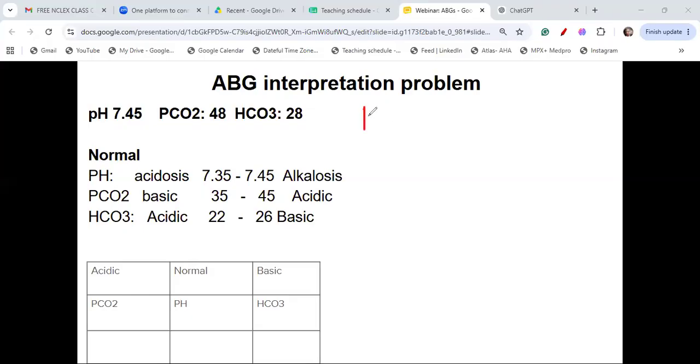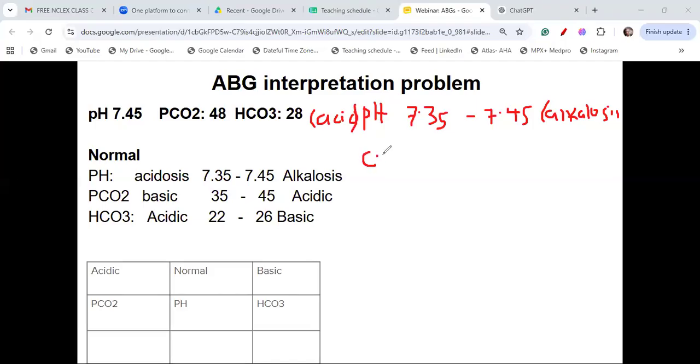So again, I'll just do the stepwise as always. The normal pH is 7.35 to 7.45. On this side is alkalosis. When it's less than that, it is acidic.